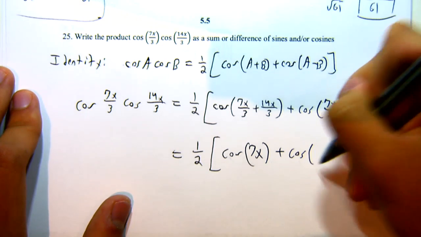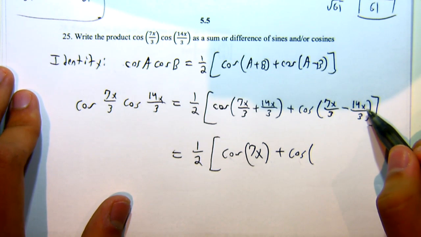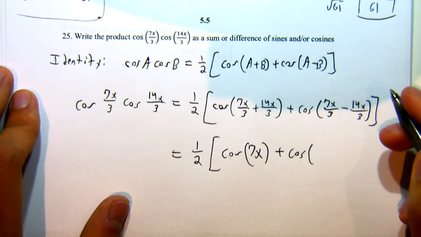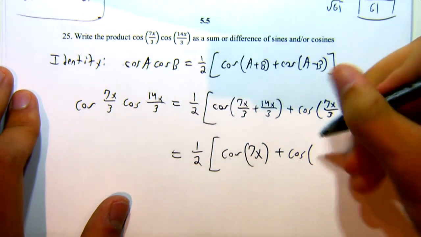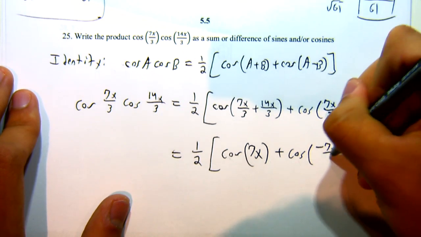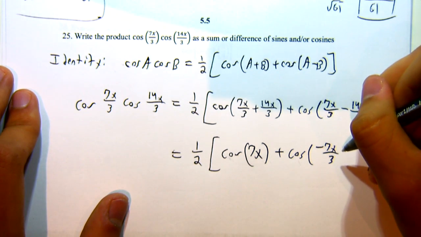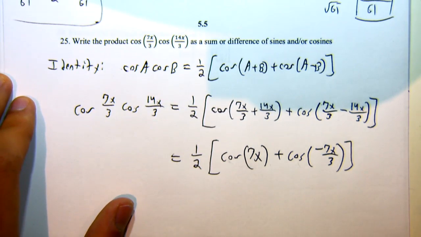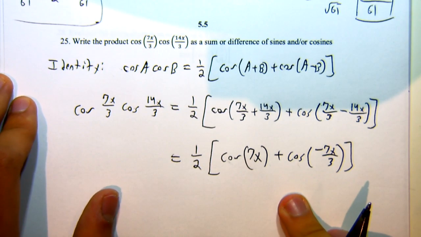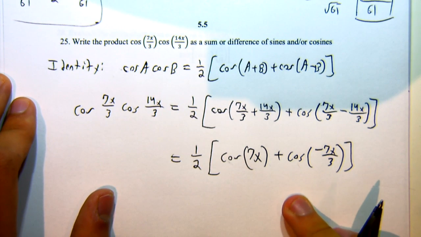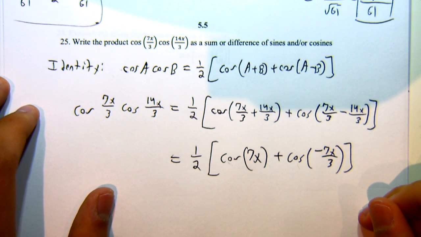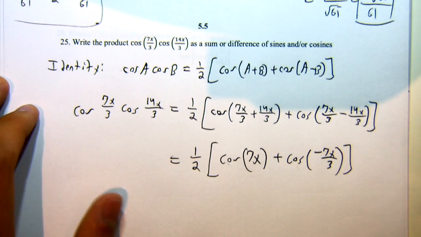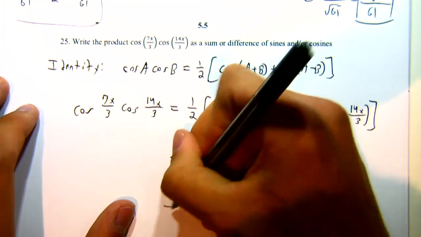And then we get 7x minus 14x, so that's going to give us negative 7x over 3. Now is this our final answer? No? Why is it not our final answer? You said cosine is even? Alright, excellent. So cosine is an even function.